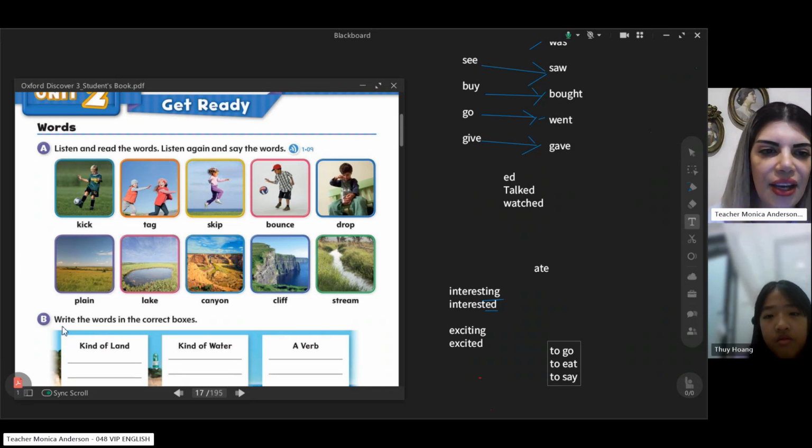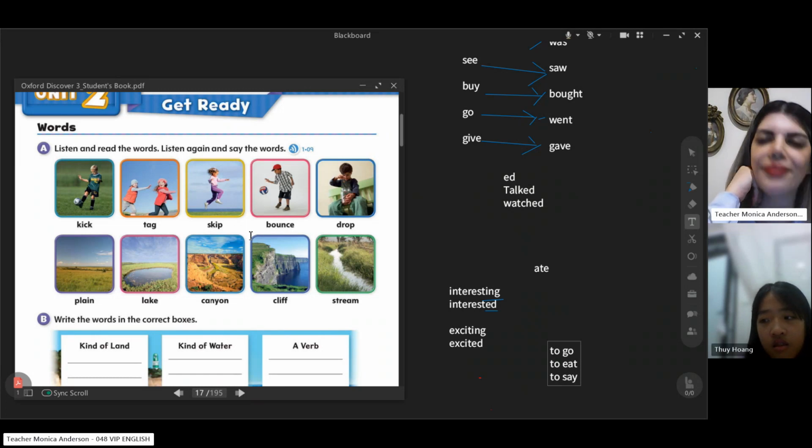Okay. So I think this one. Page 16. Unit 2. Get ready. Words. A. Listen and read the words. Listen again and say the words.